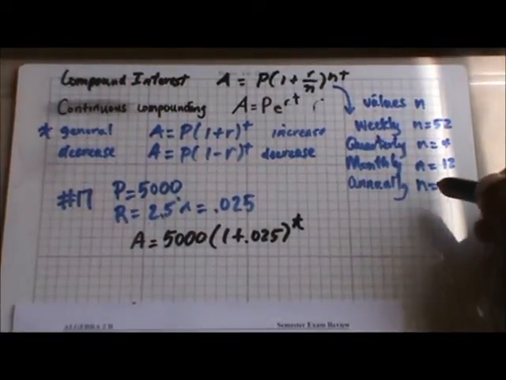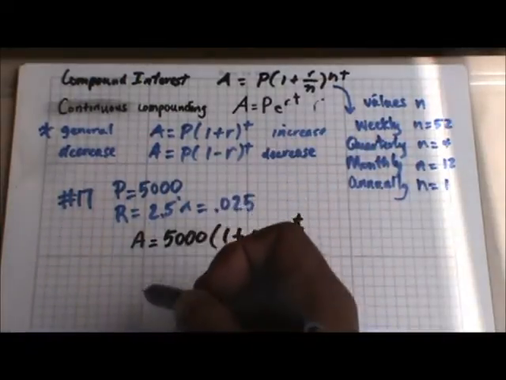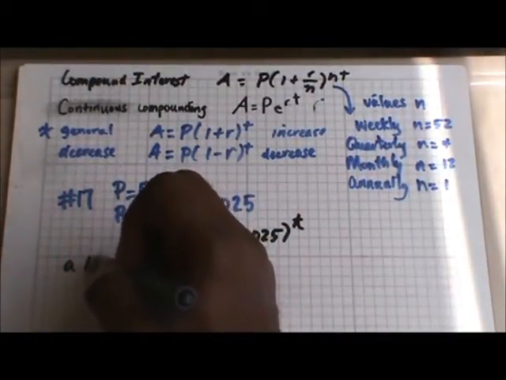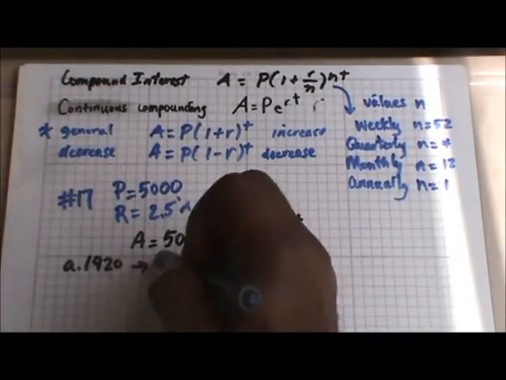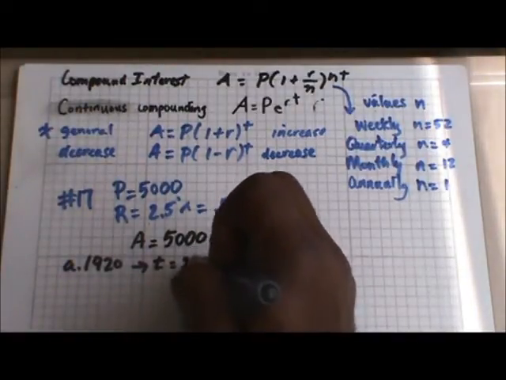That'll give us an equation that allows us to find the population at any given time. For A, they asked for the population in 1920, and the time that has elapsed since 1900 is 20 years.